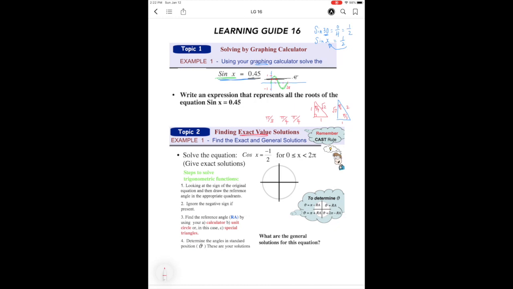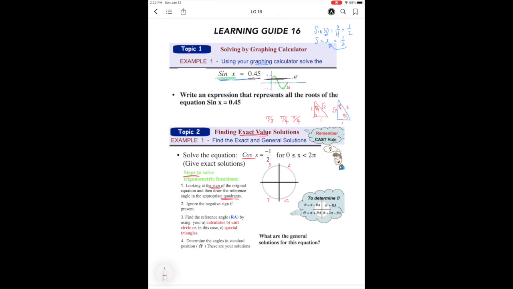So let's look at this first problem. We want to solve cos x equals negative 1 over 2. When solving, these are the steps. First, look at the sign to find the quadrants. In this first problem we have a cos and it's negative, so remember the CAST rule: Add Sugar To Coffee, or All Students Take Calculus, however you remember it.